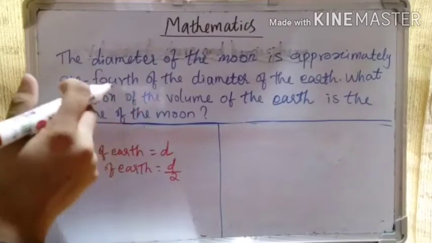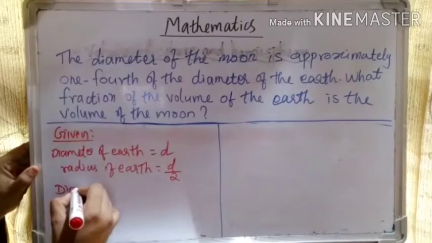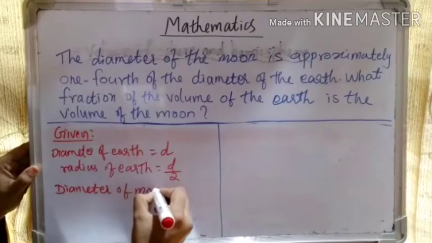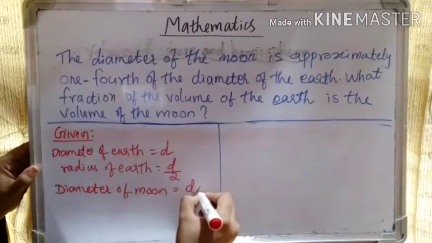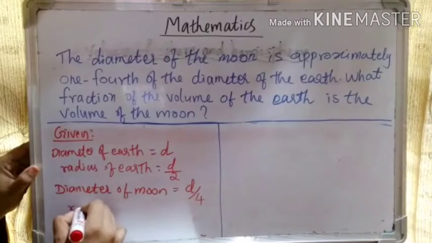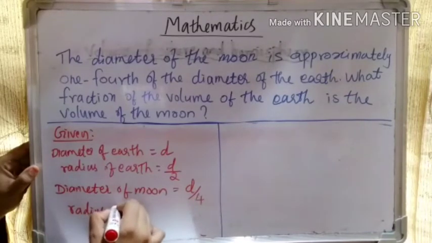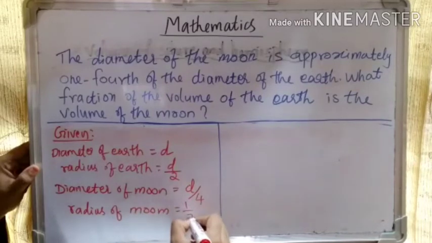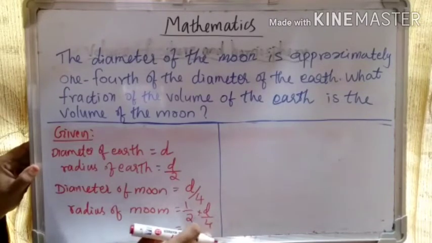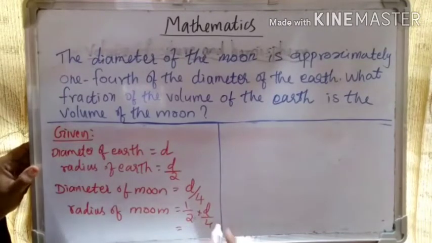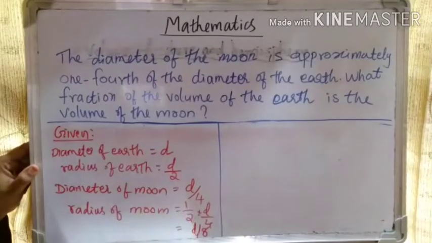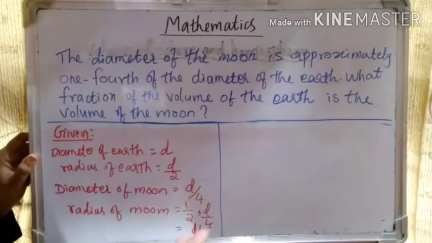So d by 4. Diameter of moon is equal to d by 4. Then what will be radius? Radius of moon is equal to 1 by 2 into d by 4, that is d by 8.